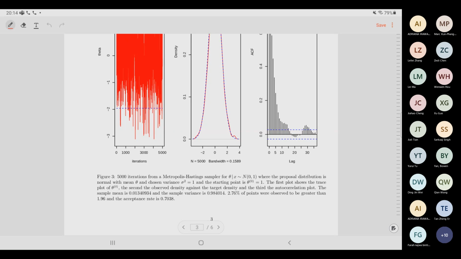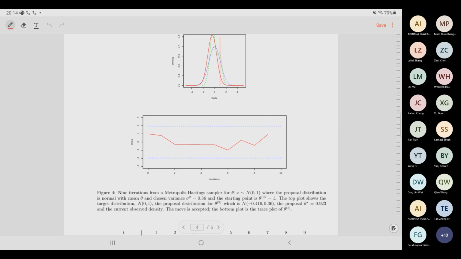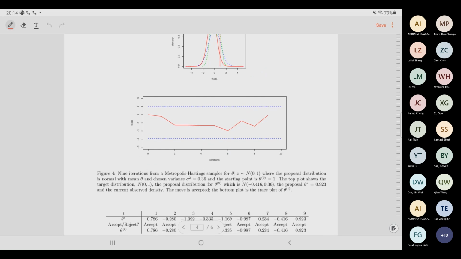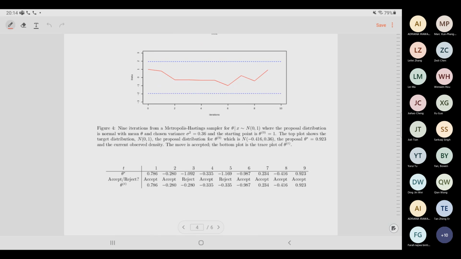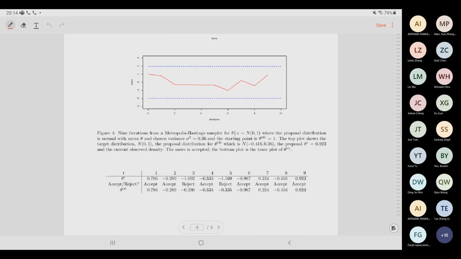For example, we change it to sigma square equals 0.36, and you can see over here that you still have the same initial value, which is 1, and then they are moving, either they accept or reject. This is still 2 out of 10, 9 are rejected, similar to before.